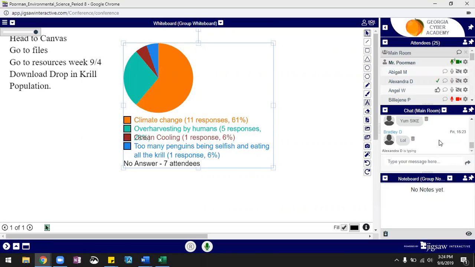But there's also over-harvesting by humans. Krill are used in a lot of things, and over the past 50 years, the population of krill has declined by how much? By how much percent?